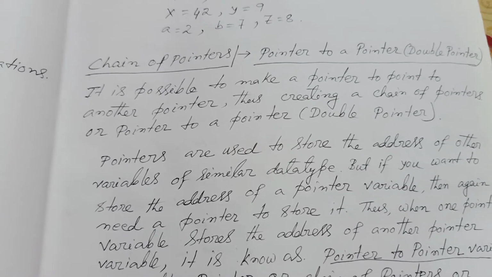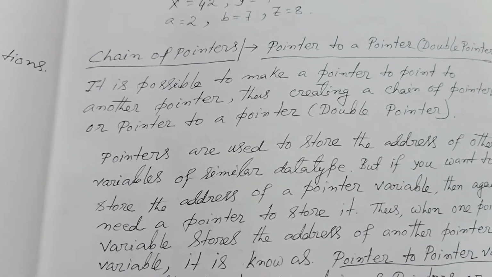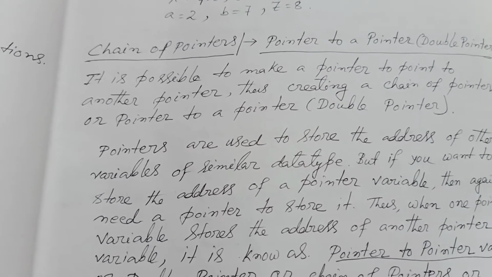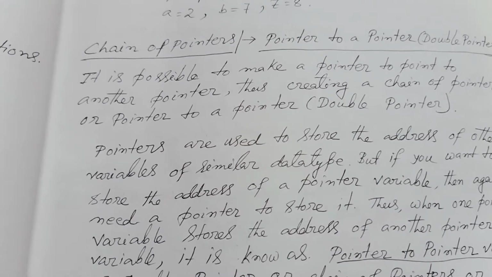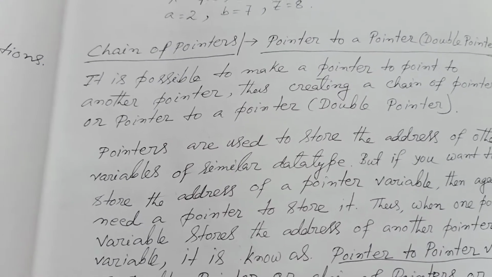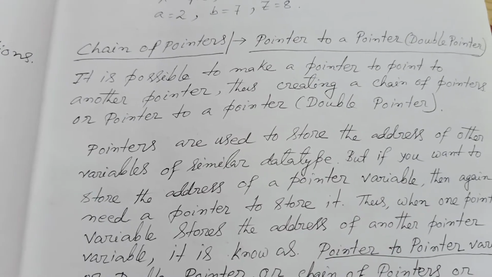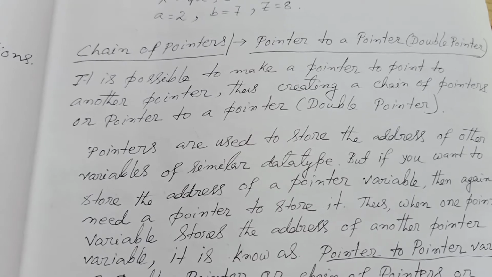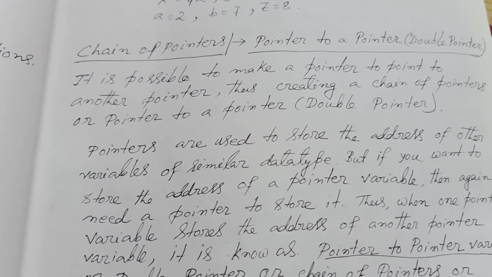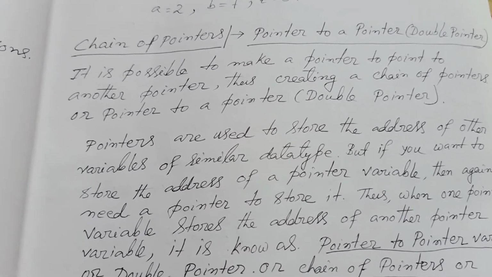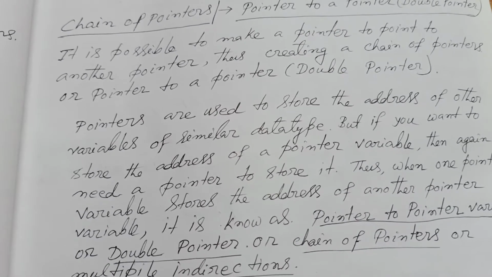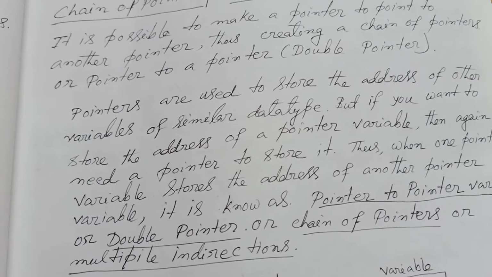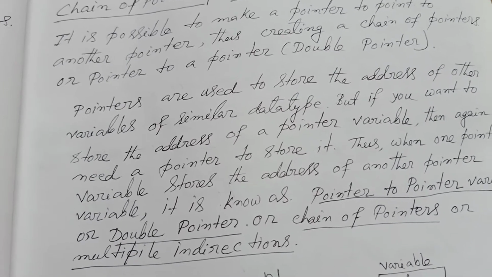So let's make it clear. It is possible to make a pointer point to another pointer, thus creating a chain of pointers, or pointer to a pointer, or the double pointer. Pointers are used to store the address of another variable of the same data type.